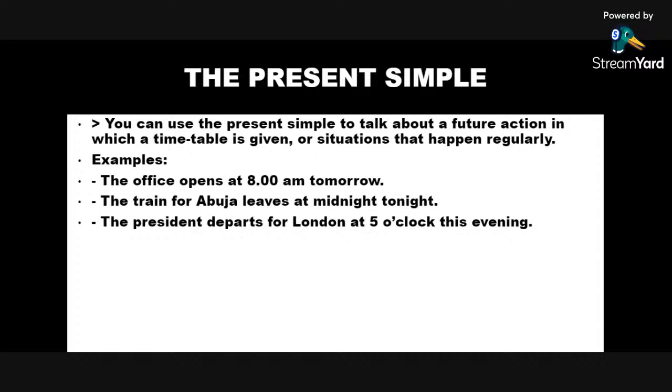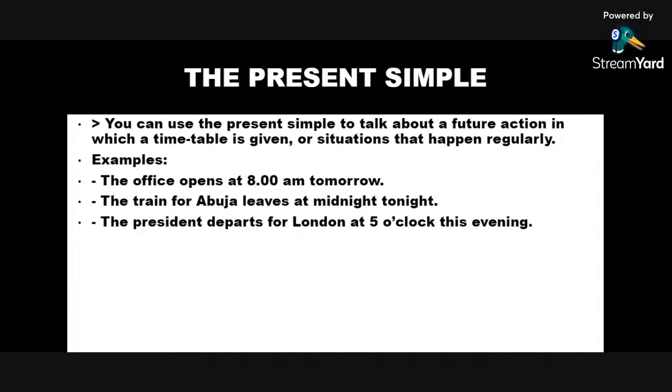So mostly when you want to talk about the future, there are certain tenses you can use to talk about future actions that are scheduled, or there's already an arrangement for it, or there's a timetable for it. Well, this one is almost certain. It's already certain because it is in the timetable and it happens all the time, like the office always opens officially at 8 a.m. So it's something that is guaranteed. So you can use the simple present tense to talk about things like that.